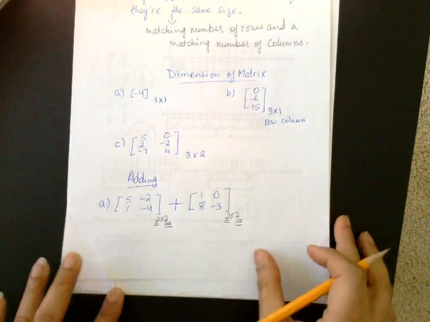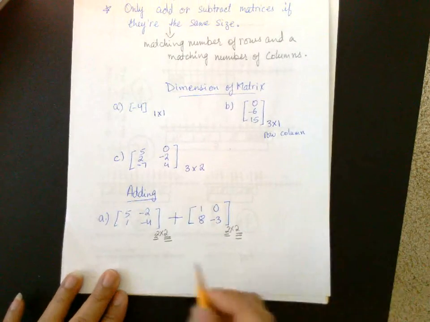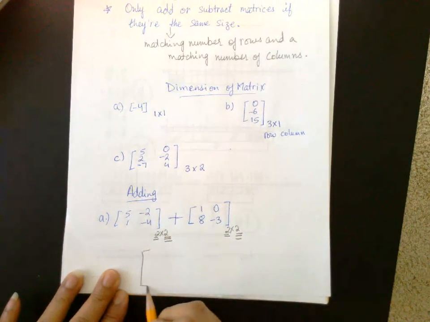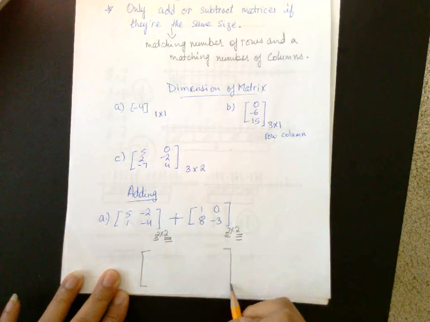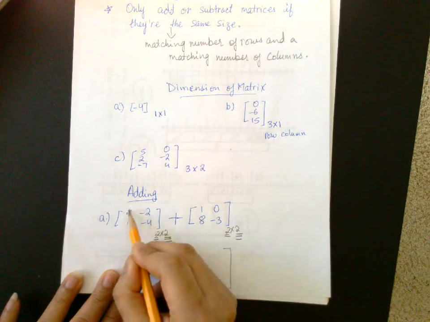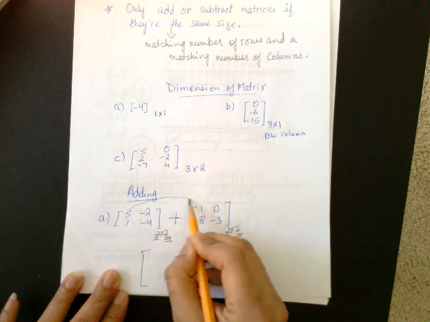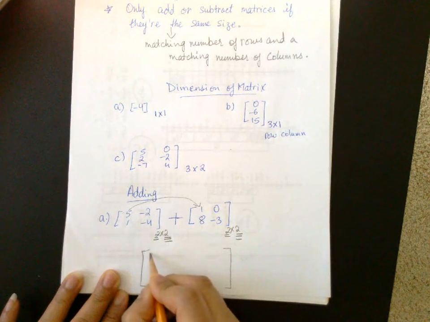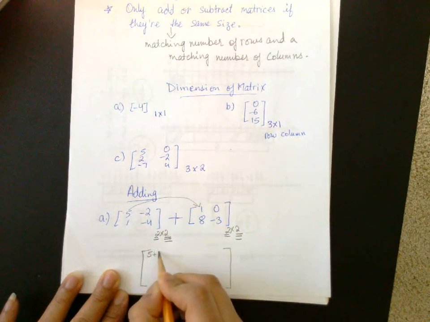So same matching number of rows and matching number of columns. And if I have to add it, what will I do? I will create another matrix. This is my matrix, right? And I will add them. 5 plus 1 will be 6.